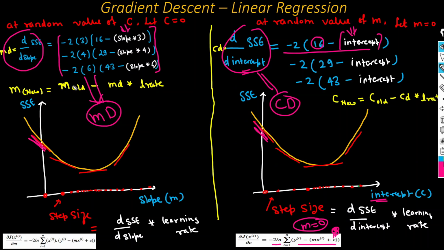We have 2 equations, meaning the derivative with respect to M and the derivative with respect to C. This will provide you the slope of this particular curve, and this will provide the slope of that curve, right? So by using some random value of M, or slope, and intercept, we can calculate this particular value. How we can do that, we will understand in a couple of minutes.